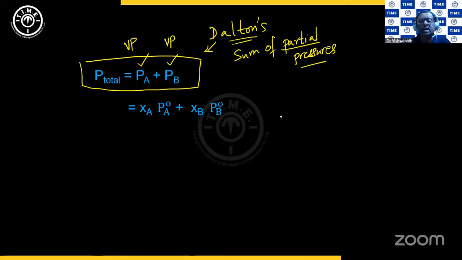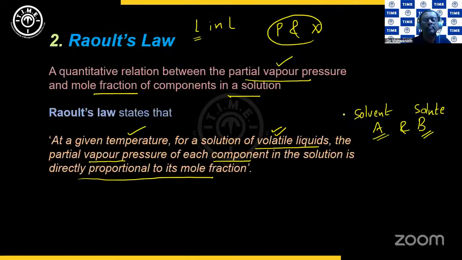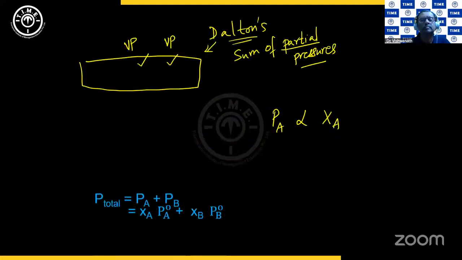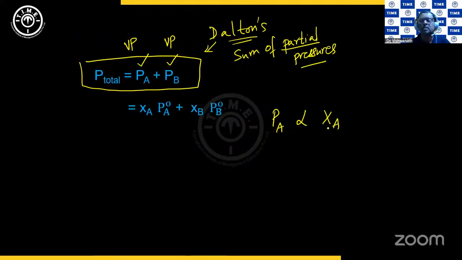How is each vapor pressure dependent? PA is proportional to XA, they say. Partial vapor pressure is directly proportional to its mole fraction. That is what you are showing here: PA is proportional to XA, or PA is equal to PA naught into XA. What is this PA naught?